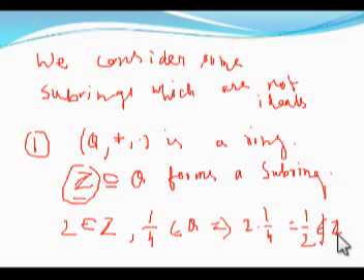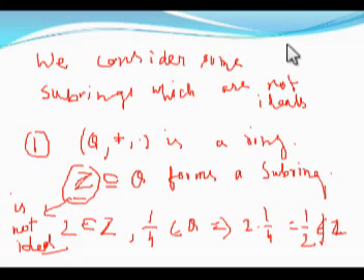So Z is a subring, but it is not an ideal. So it is an example that not all subrings are ideals. I hope you like this example.